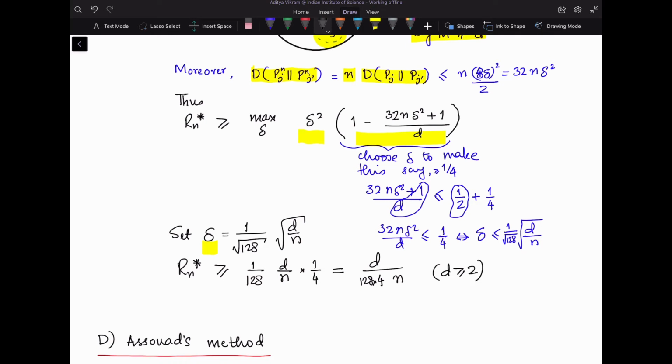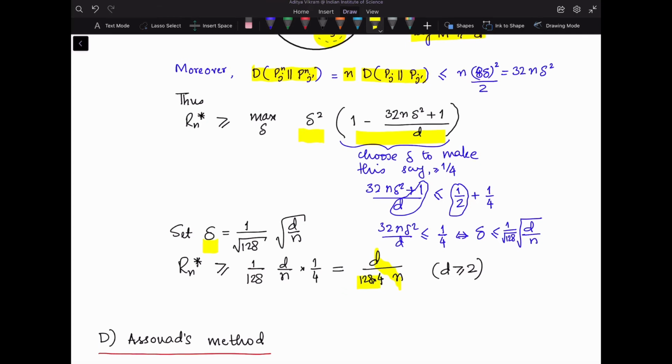Right? So now note that we have the almost optimal bound here, because the upper bound we already know to be d by n, and we have this constant factor here which says that Rn star should be at least this for the Gaussian mean estimation problem under mean squared error. Okay, and note that the dependence on dimension came because of this packing argument, right?